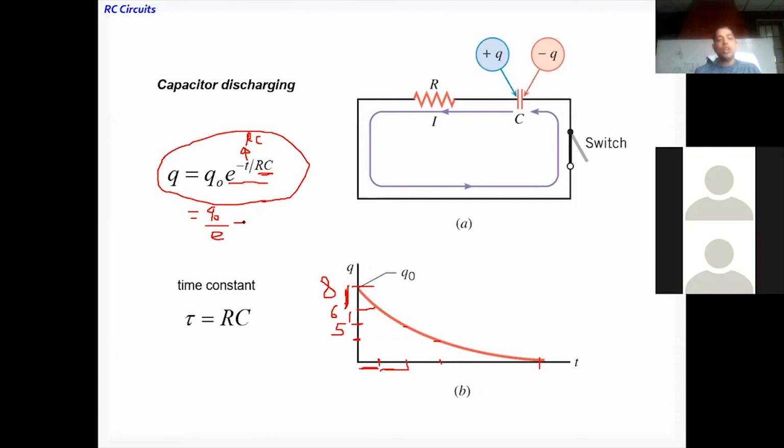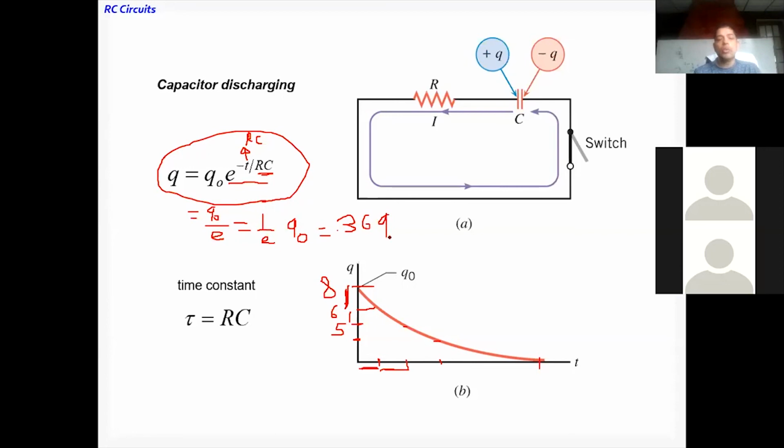What is your 1 over e? It means 1 over e times Q0. So can you tell me what is your 1 over e? 0.36. 0.36 times Q0, right?